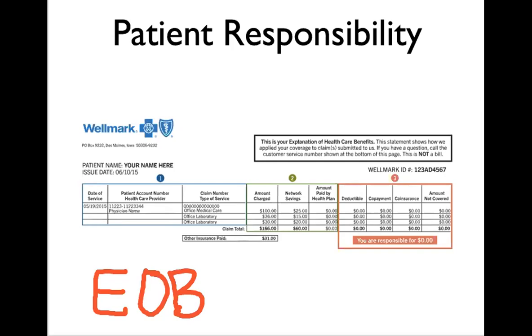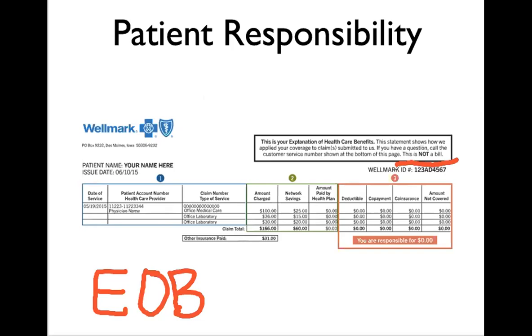But even though we told the patient, this is not a bill, what do you think the patient does when they call us on the phone? It's a bill. Exactly. And you're like, it says it right there at the bottom. This is not a bill.